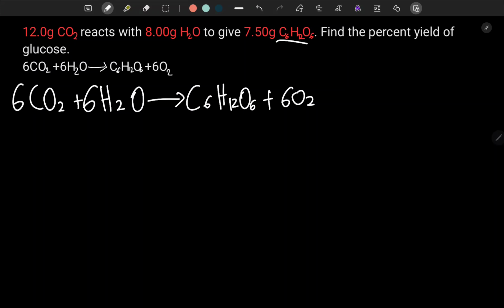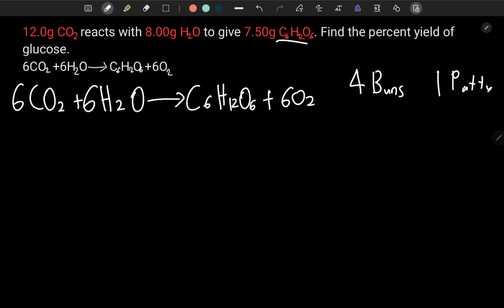And now the next step is to find the limiting reactant, meaning which of the reactants between CO2 and H2O will finish first. So let me give you an example of what a limiting reactant means and what significance it holds. Let's say you're cooking burgers and you have 4 buns and only 1 patty, and each burger needs 2 buns and 1 patty.